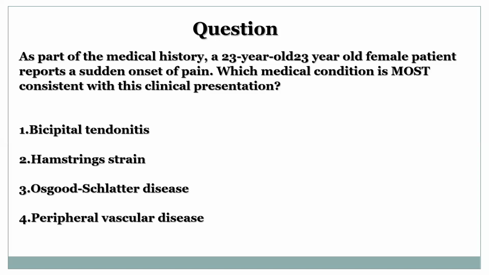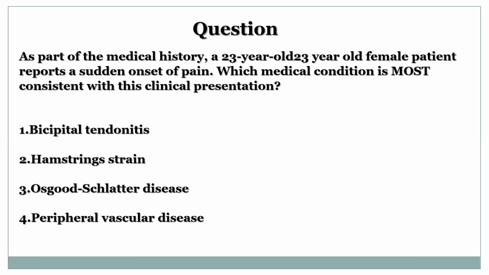Let's talk about hamstring strain. The hamstring muscle itself on the back of the thigh consists of semimembranosus, semitendinosus, and biceps femoris muscles. Okay, this is the anatomy for the hamstring.